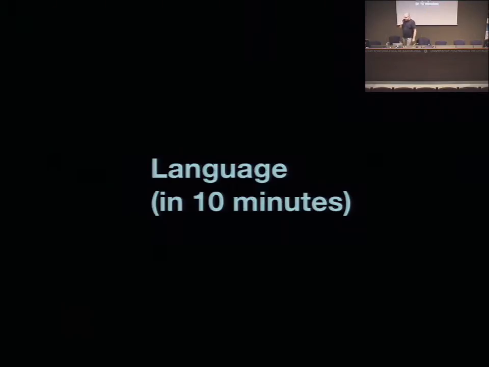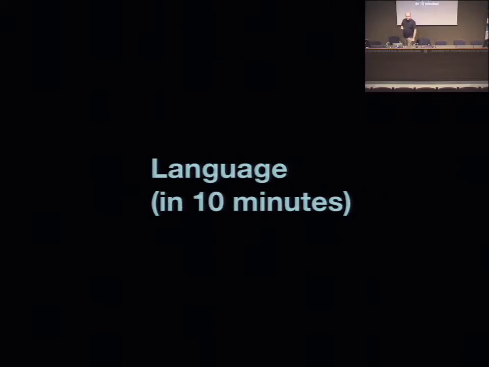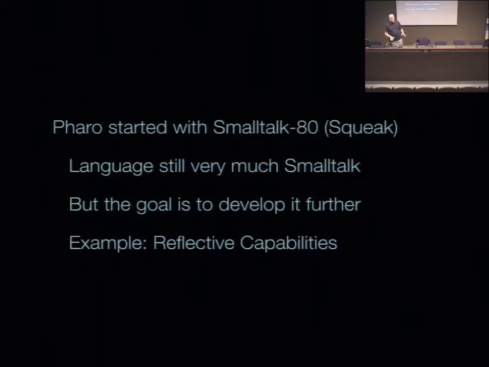So that you are able to follow a bit when I do demos, I want to do a short introduction to the language. I hope that should take around 10 minutes. And it covers more or less the complete basic language of the system. Pharo started with the code base of the original Smalltalk 80 in the form of Squeak. So literally there are classes in that system that date from around 1978, even though some of them were removed in the meantime.